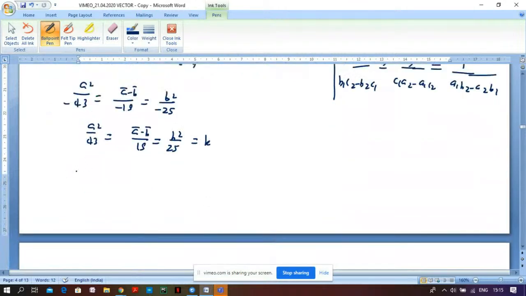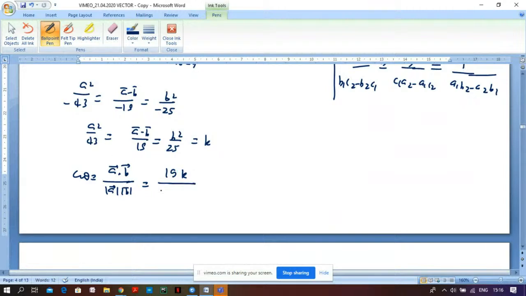Now cos theta, the angle between the vectors, is a dot b upon mod a mod b. Remember, a dot b is some number, now a dot b is nothing but 19k, so I can write 19k.